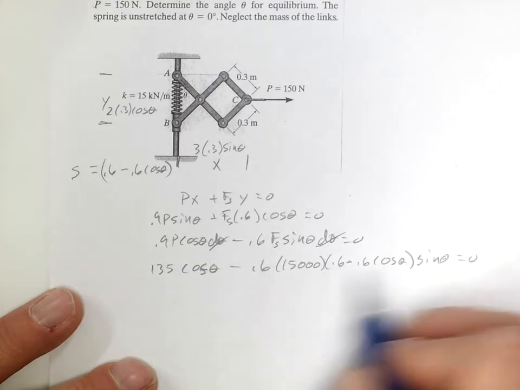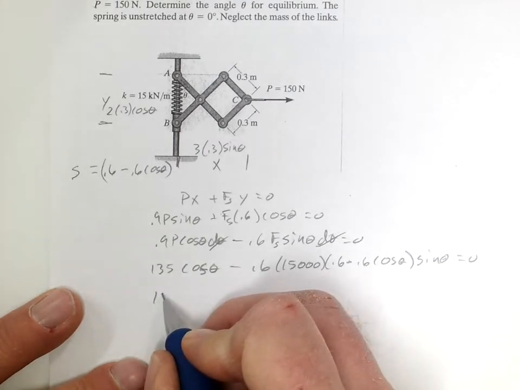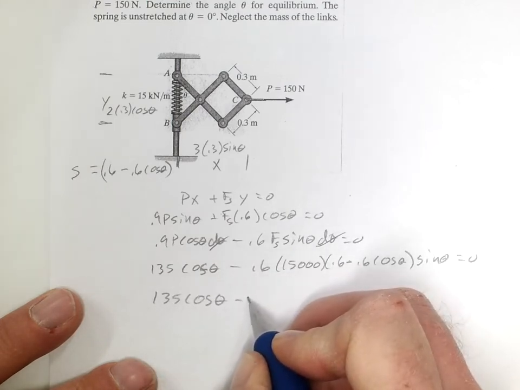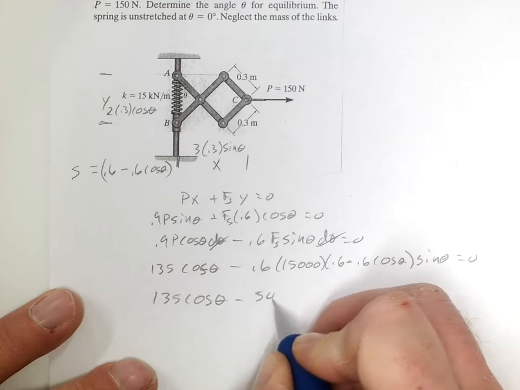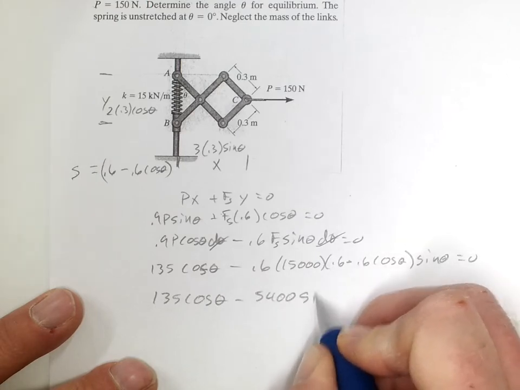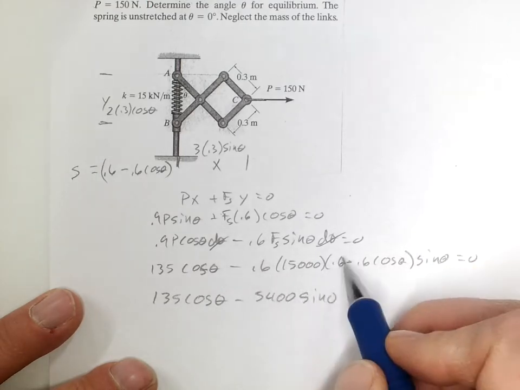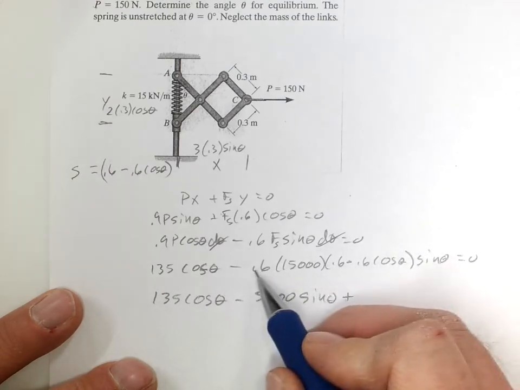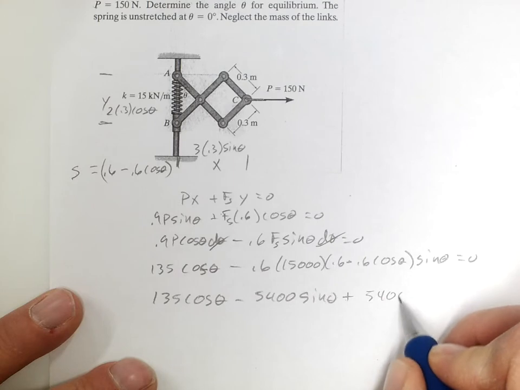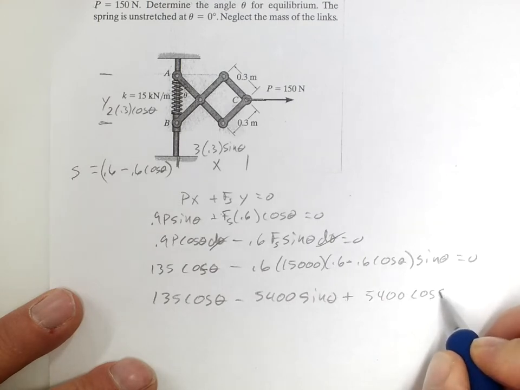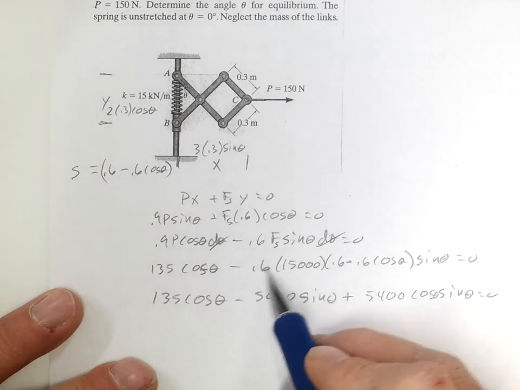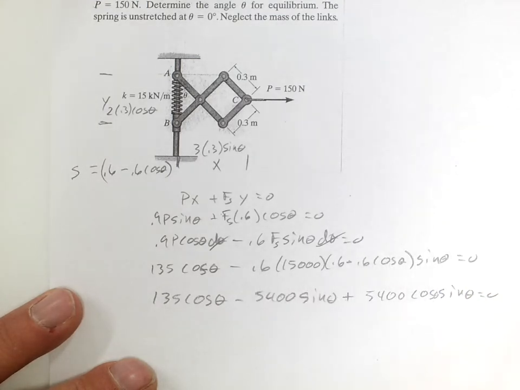Now if we multiply this all through, we get 135 cosine theta minus 5,400 sine theta. That's this times that, plus 5,400 cosine theta sine theta. That's this times this times this.